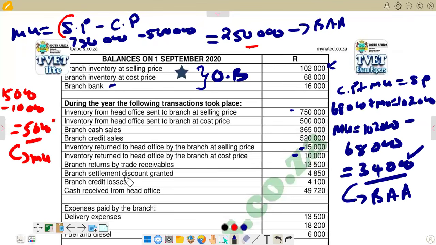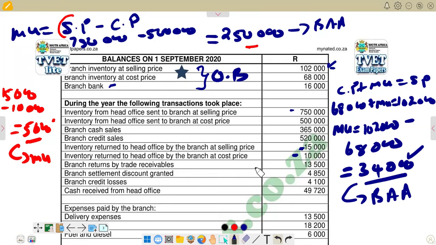So after that, we have got branch settlement discount granted 4,850. Remember, settlement discount is when our trade receivables are making their payments, so we offer them a discount. So it's a discount allowed. It comes as an expense, which is not going to affect our branches, but it's going to affect the profit or loss account as an expense.